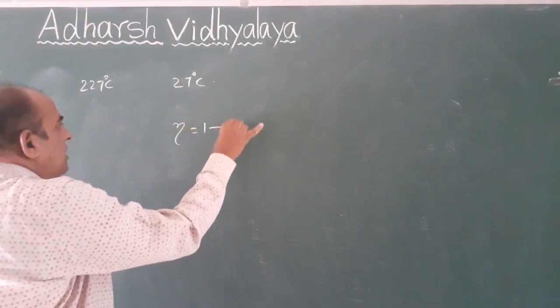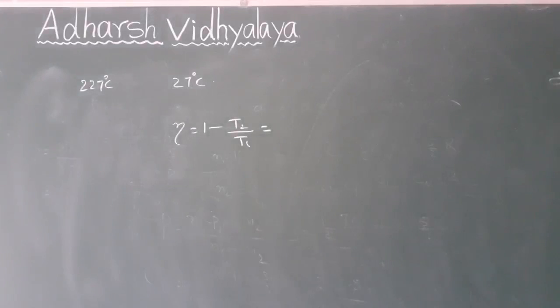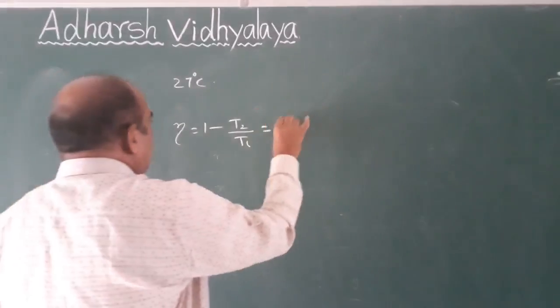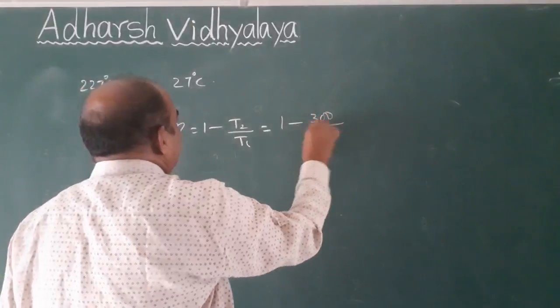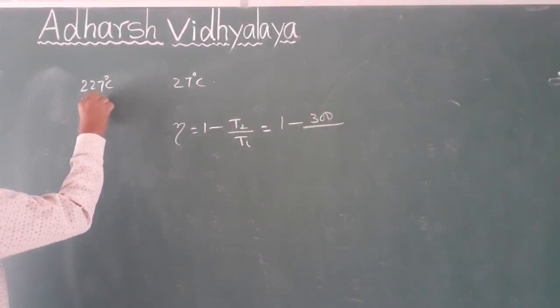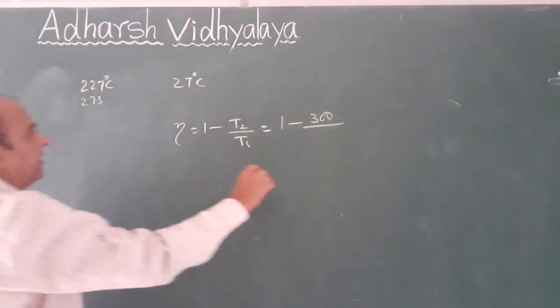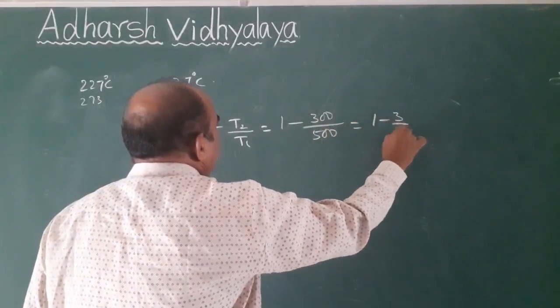Efficiency of the heat engine is 1 minus T2 by T1. So that is 1 minus T2, sink temperature 27, that is 300, divided by 227 plus 273, so 500.